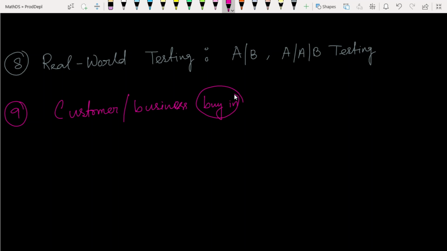After testing, when everything is done and we are satisfied with this step, then we have to inspire our customers. We have to produce these models and make advertisements. Marketing strategy is actually taken here. So this is the ninth step we have.